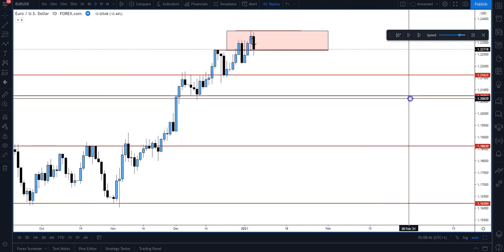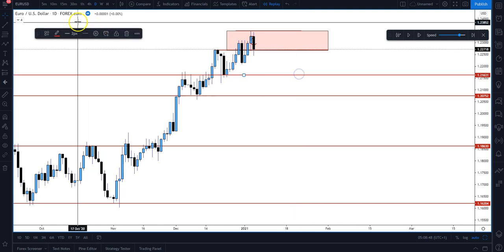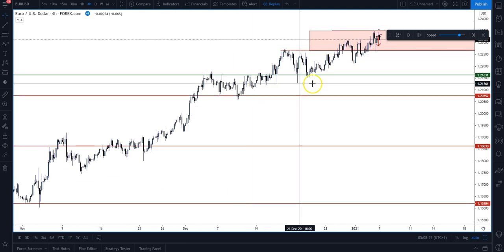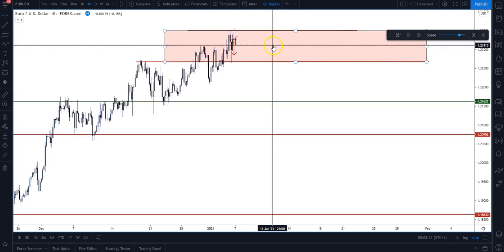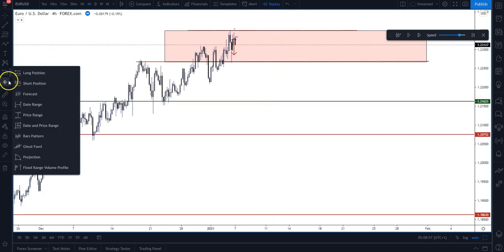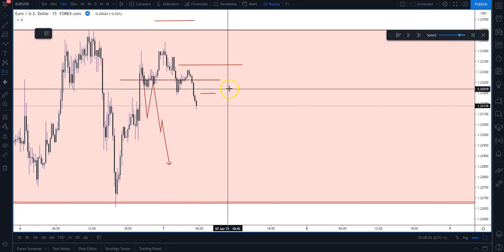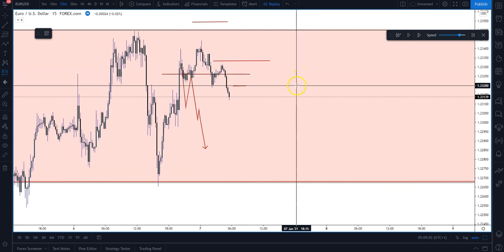Hold on. Let me change this color so I can know. Right. So let's see how it'll play out. What we're essentially doing is taking it from, did I say this was our sell? I think I did.